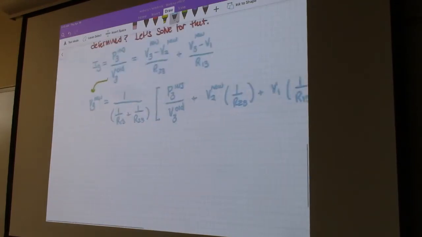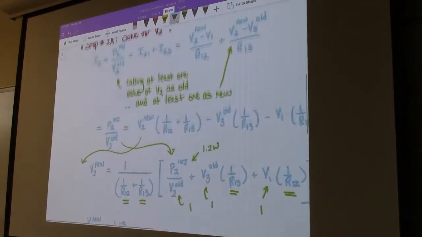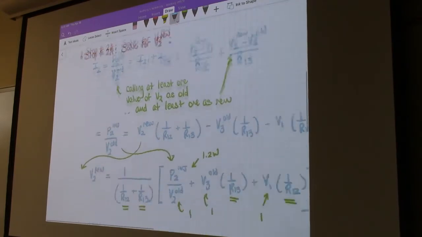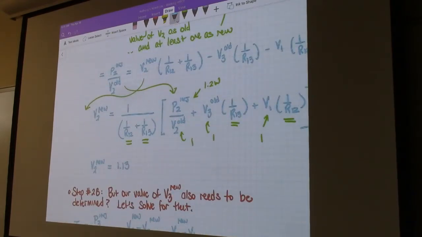If you want to go back and do that algebra on your own, you can, but it's a repeat of what we've shown above.